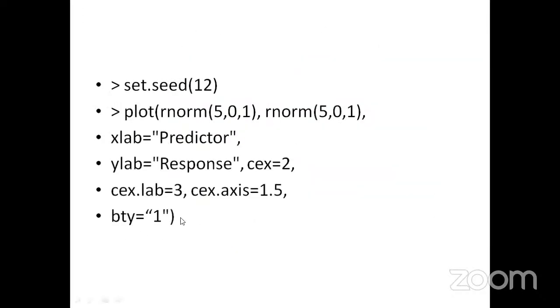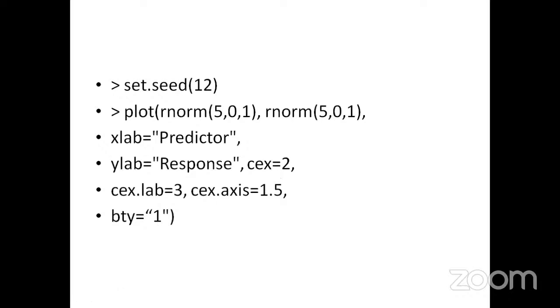First, you can take this code and run it and see what you are getting. Here you are giving a default set.seed equal to 12. Then you are giving plot for rnorm 501. Here for xlab you are specifying predator, that is in the x-axis you will get the predator, and in the y-axis you will get the response. Then cex, that is the character size, will be 2.